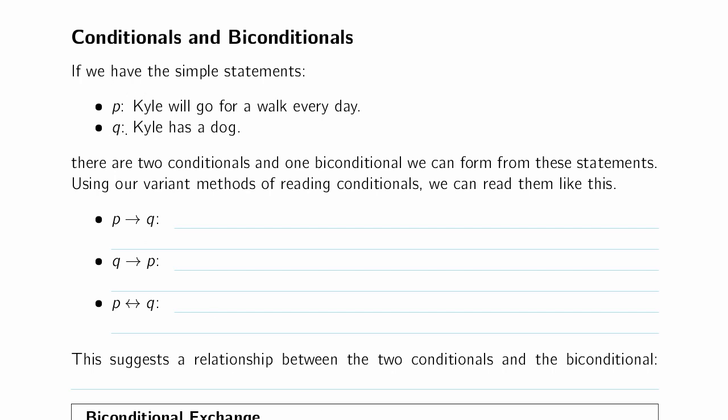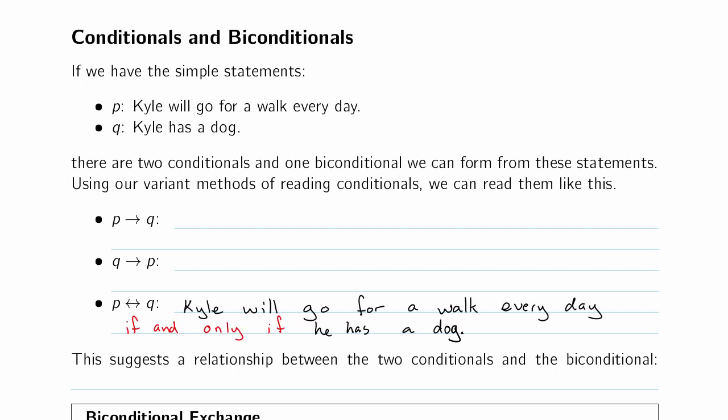The biconditional, if we have the simple statements, Kyle will go for a walk every day, and Kyle has a dog, the biconditional form of those two statements is, Kyle will go for a walk every day, if and only if he has a dog. But wait a minute.